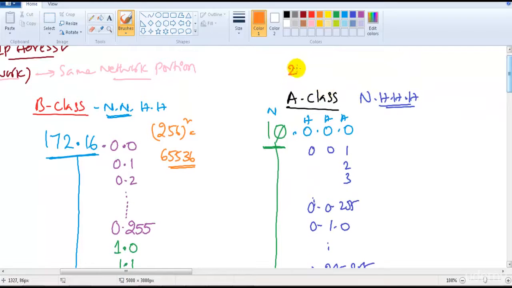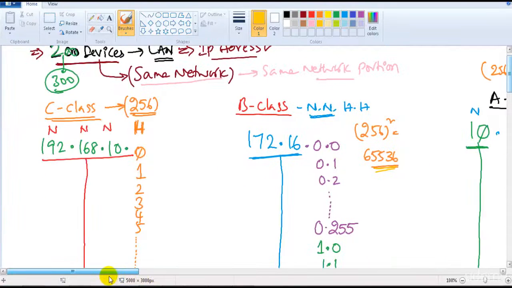So in the A class network you get 256 cubed addresses, almost 16,777,216, a round figure around that number. So in one A class network you get these many addresses, whereas in B class we get 65,000 addresses, and in C class we get 256 addresses.